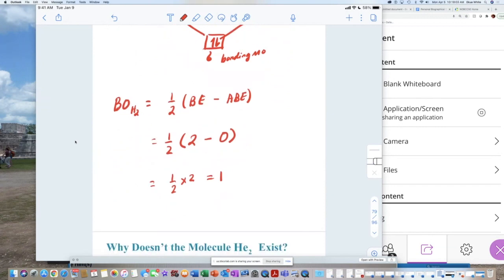So we did all this just to say that when 2 hydrogen atoms bond, they form a single stable bond.